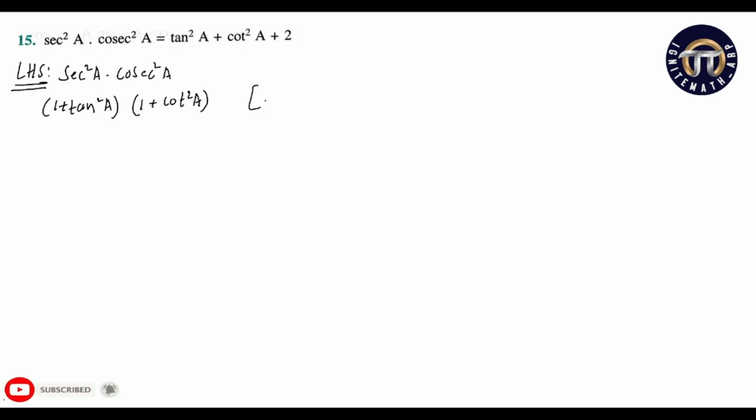Here, children, you can write the identity. Why? Because secant square theta minus tan square theta is equal to 1, or cosecant square theta minus cot square theta is equal to 1. These are the reasons for your step.